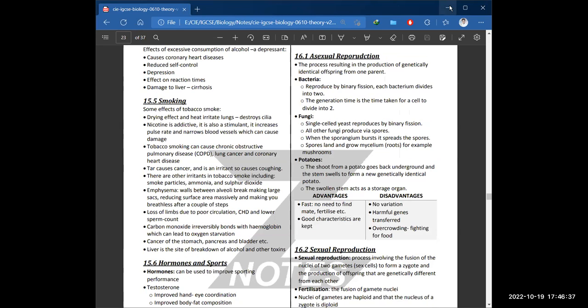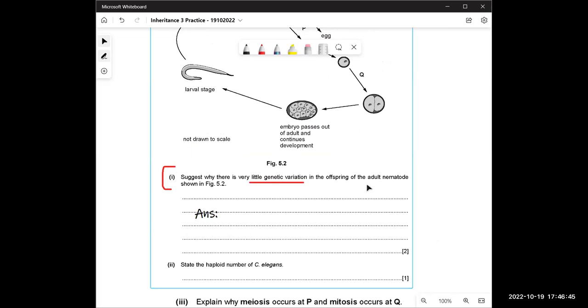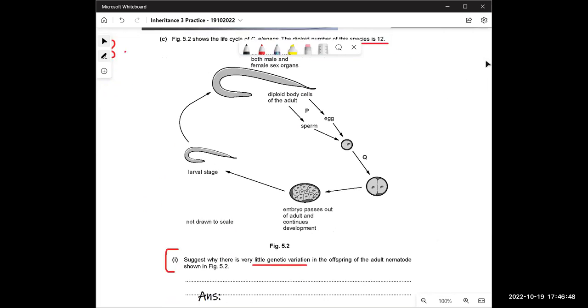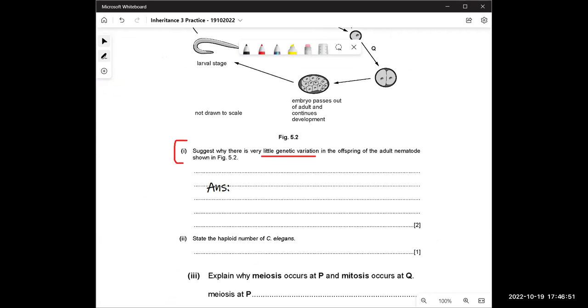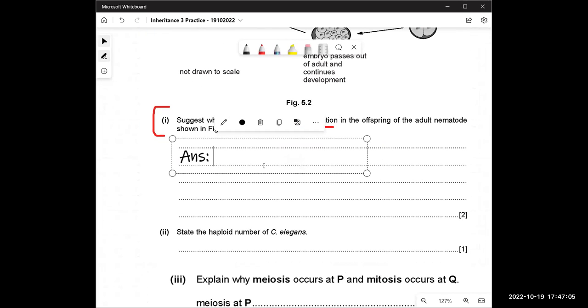Now they are asking us why there is less genetic variation in the offspring of the adult nematode. The answer is that they reproduce, the gametes from the same.